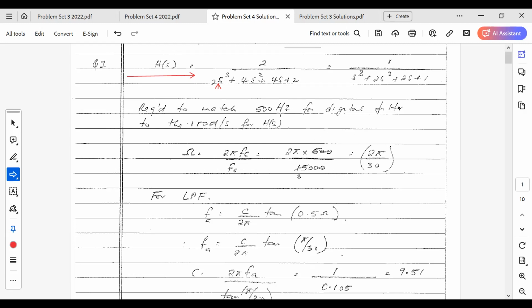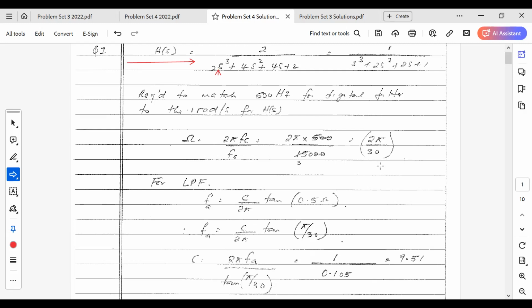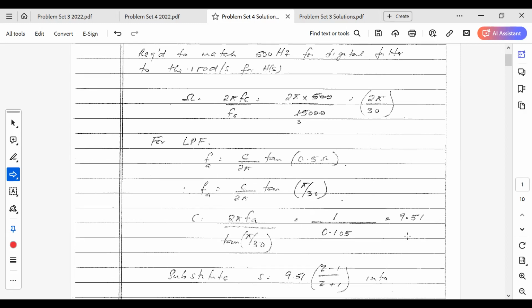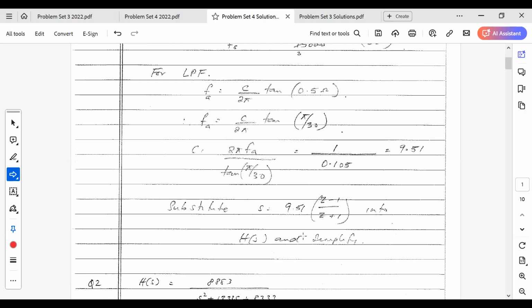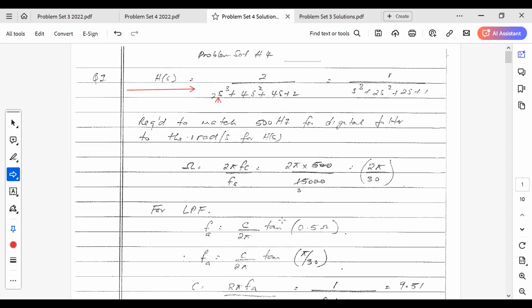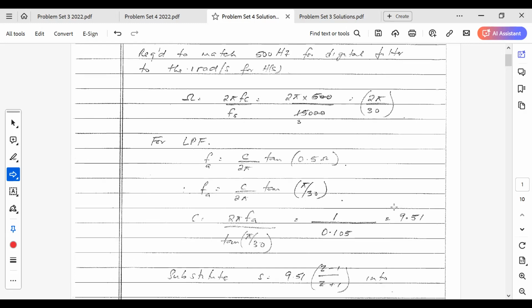So your cutoff frequency is 500 hertz. So omega is this. The matching frequency here is 1 radian per second. So if you substitute inside of here now, you're going to get C is equal to 9.51, and then you substitute that into this equation and simplify.